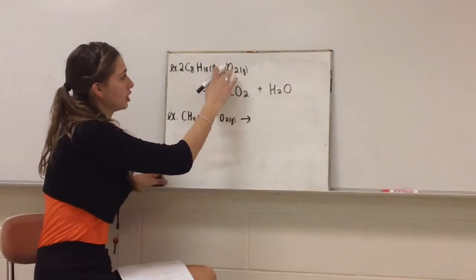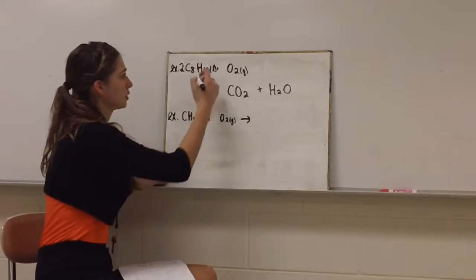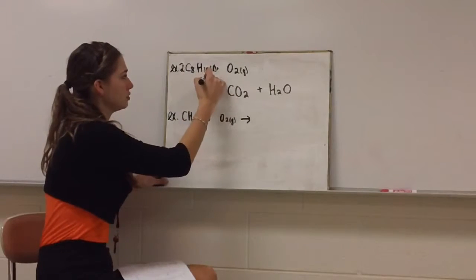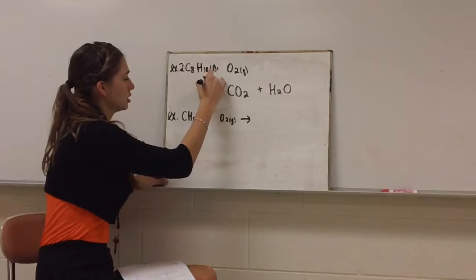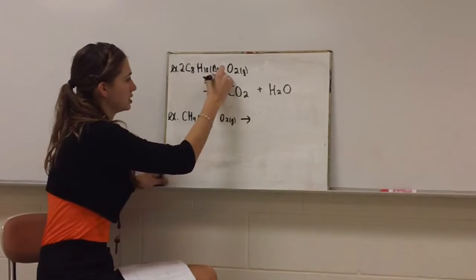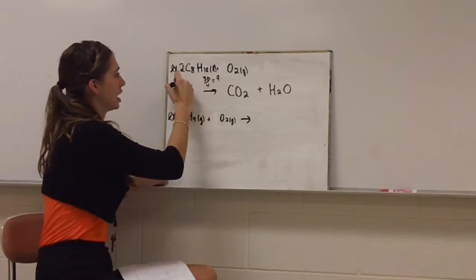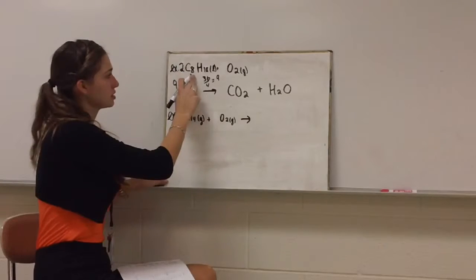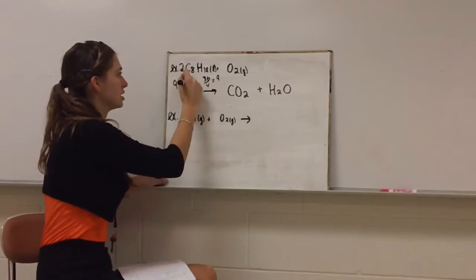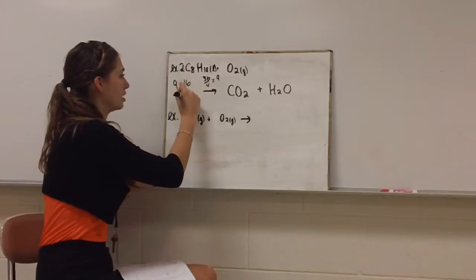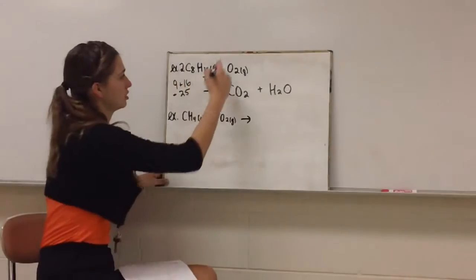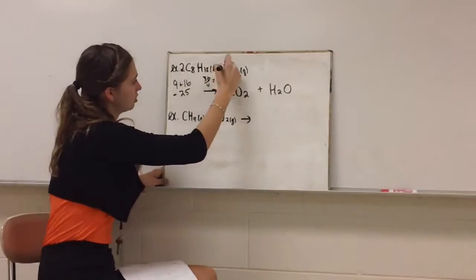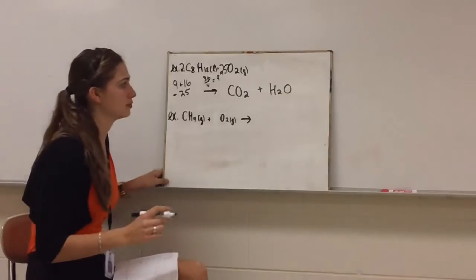So now, in order to get the coefficient in front of our oxygen, I would do 18 times 2, which is 36, divided by 4 is 9. Then I would do 9 plus my x times my coefficient, so that's 16. That would give me 25. 25 is my coefficient in front of my oxygen.